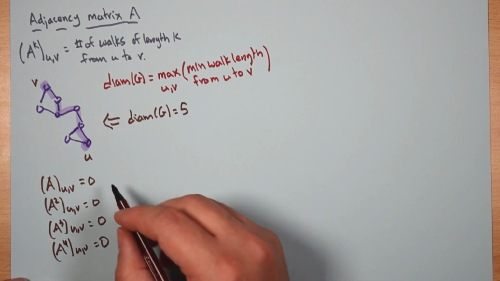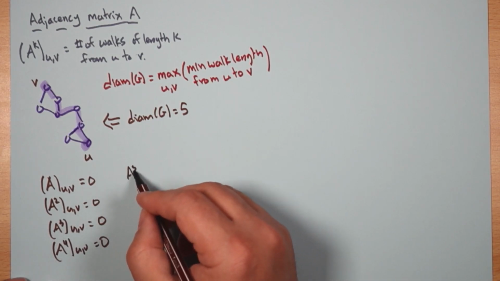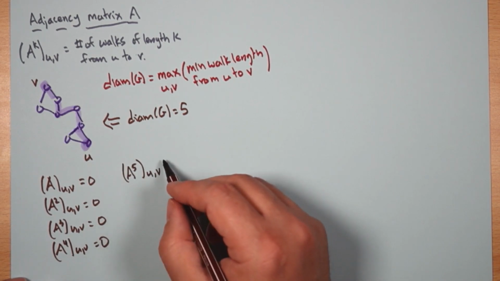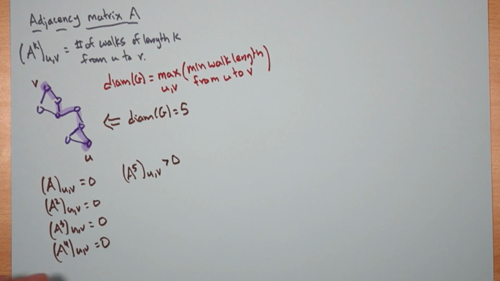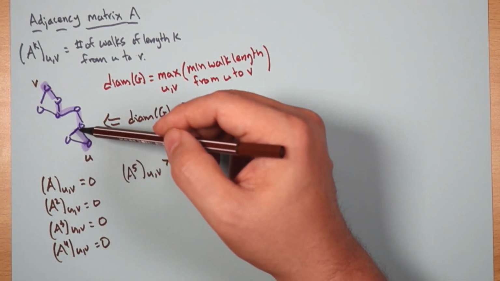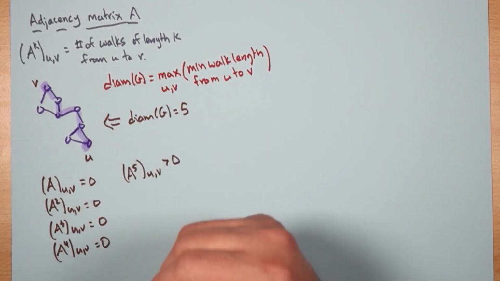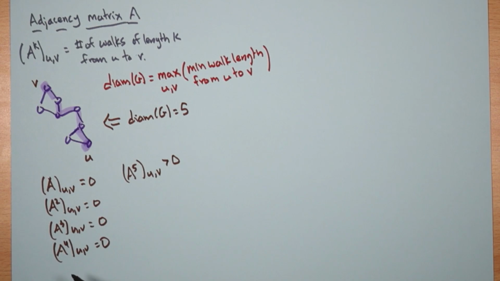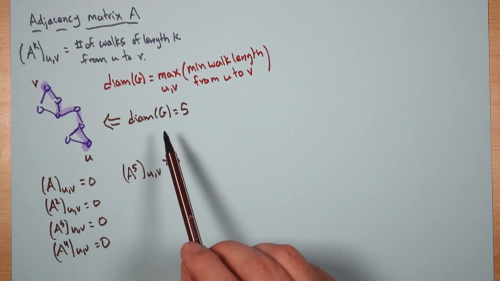And what about A to the 5th at uv? It's not 0, it's positive. Why? Because there's at least one walk that takes 5 steps and gets us in between, but no walk can do it in 4, because if there was, our diameter would be 4.